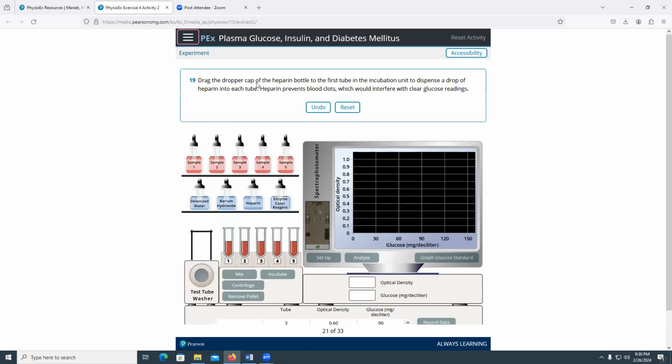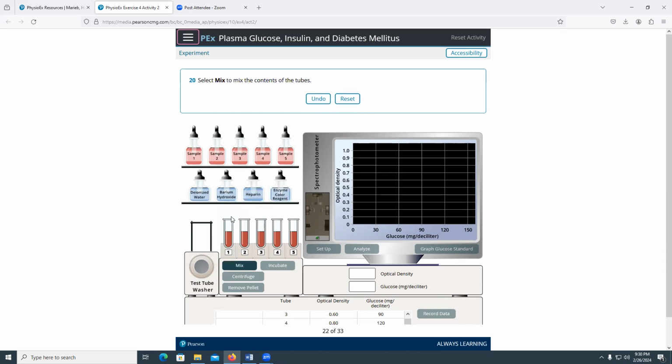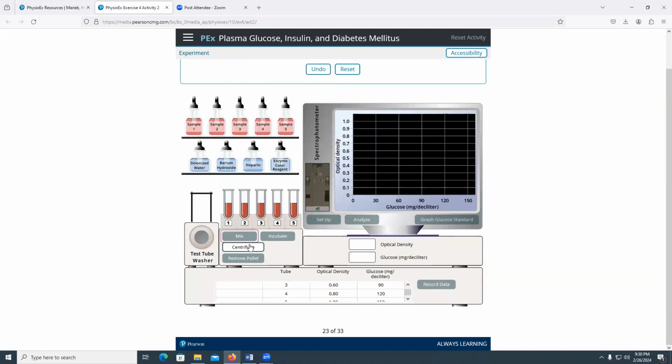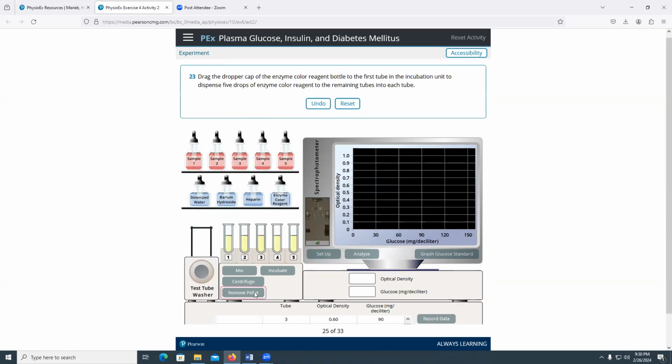Excellent. Then we use the heparin. We click on mix. Then we click on centrifuge. We're going to be removing a pellet, obviously, like we did in the other experiment. So let's remove the pellet.